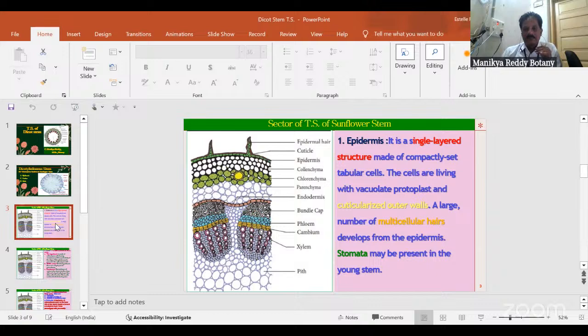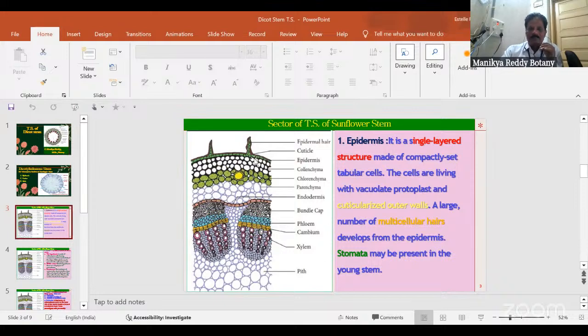Generally, cells are colorless, but in some plants epidermal cells may be green, though that is very rare. The outer surface of epidermis is covered with cuticle. Cuticle is a layer made up of cutin.